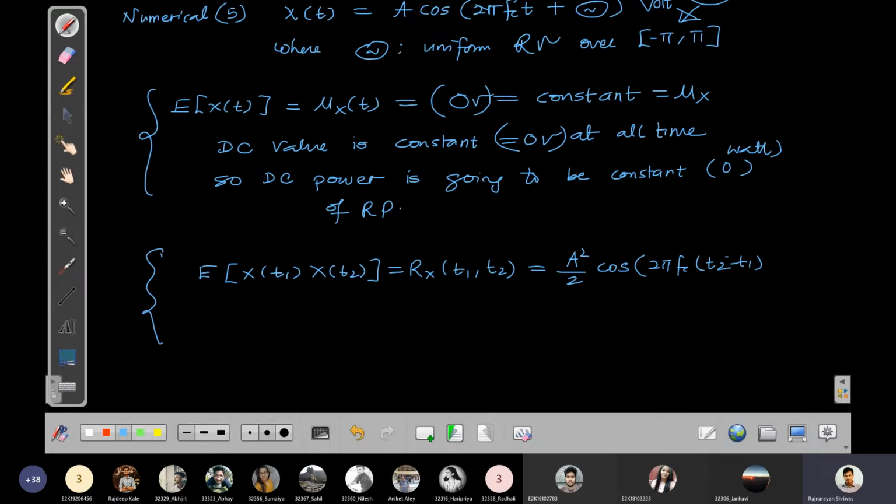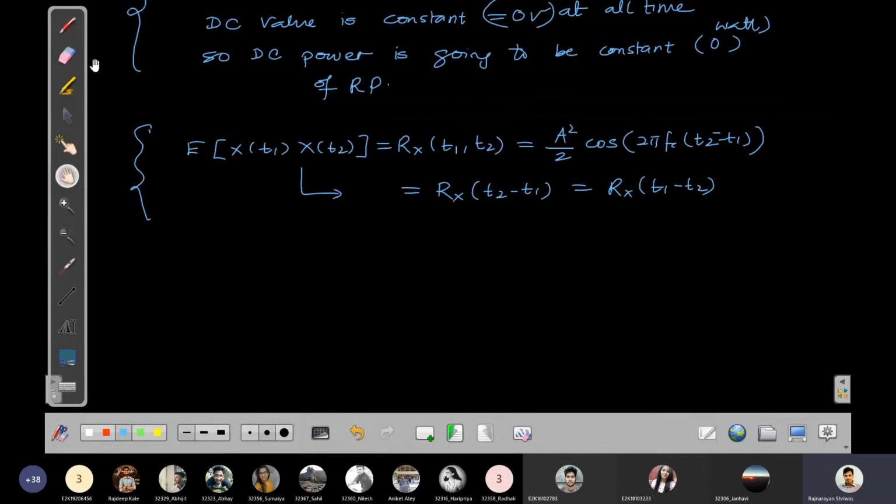You can write t1 minus t2 also, because cos is an even function, so t1 minus t2 or t2 minus t1, both are the same. So again this comes out to be Rx, a function of the time difference.